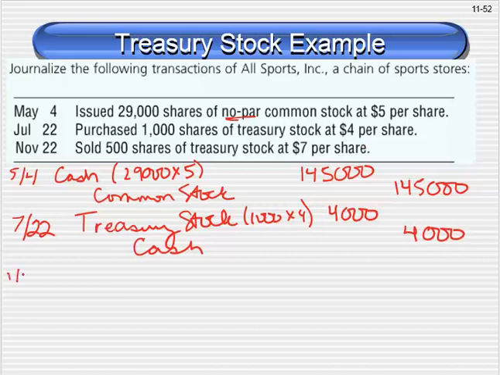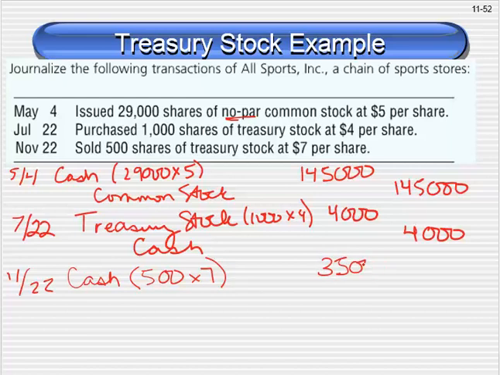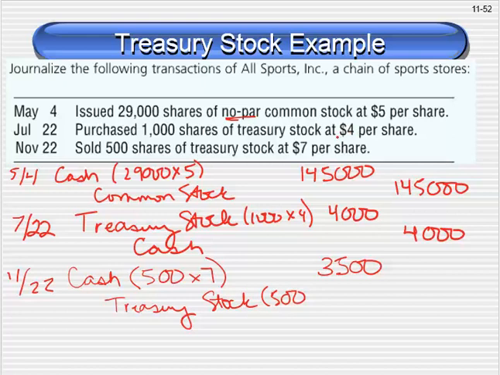Now on November 22nd, it says we sold 500 shares of Treasury stock at $7 per share. So we know we're going to debit cash for the amount of the proceeds, 500 times $7, which is 3,500. We're going to go ahead and credit our Treasury stock at what we paid for it, which will be 500 shares times the $4 per share that we paid for it, which is 2,000.